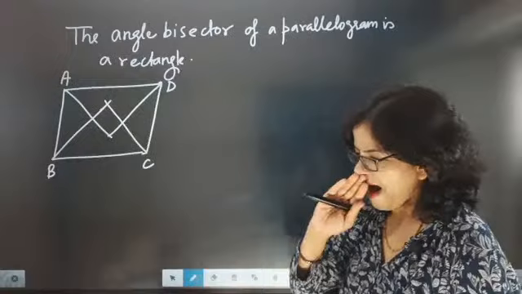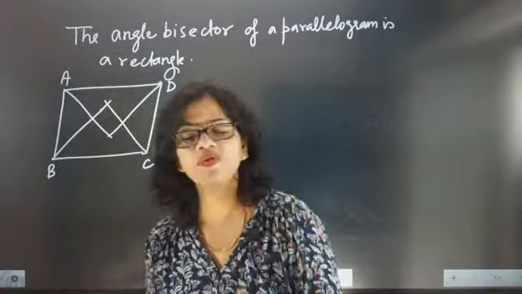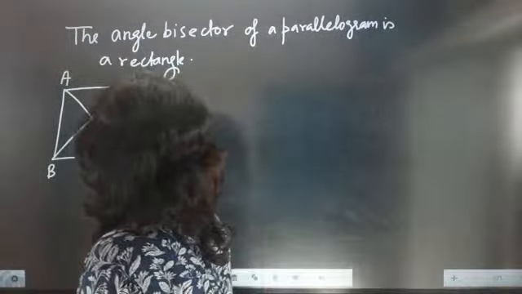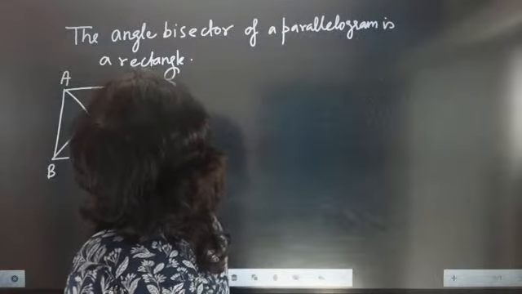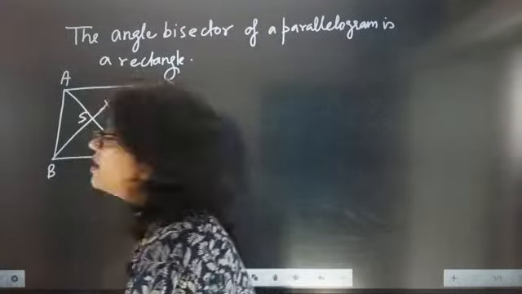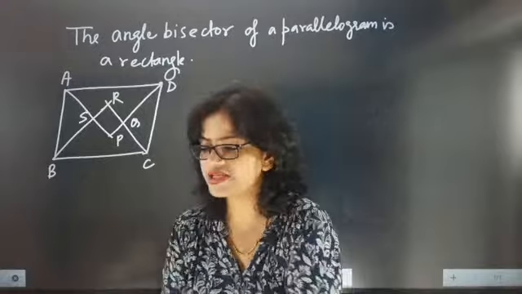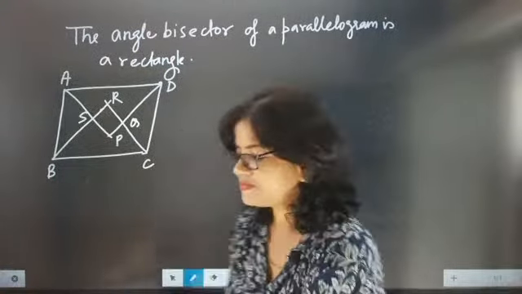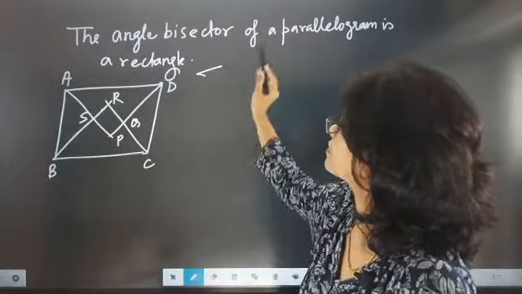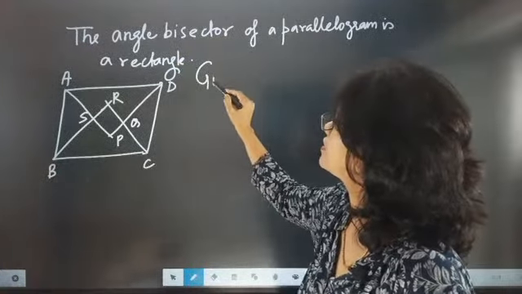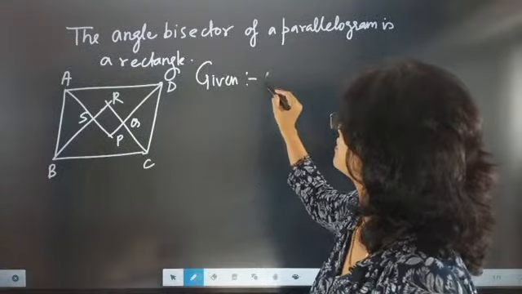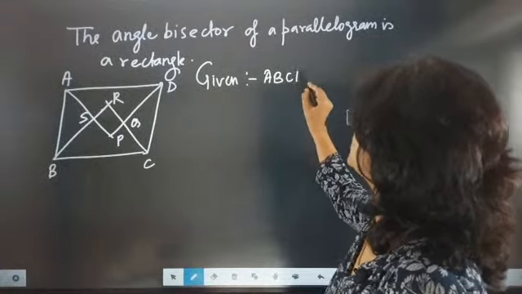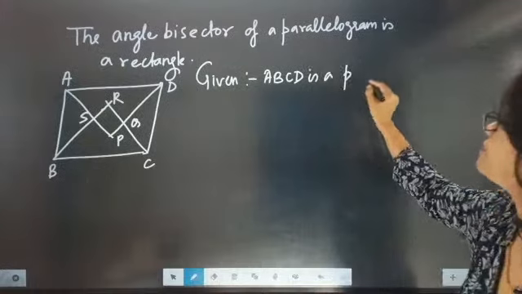Fine. So after joining it, one small work we are going to do, we are going to generate a connectivity PQRS. PQRS done. So now given section: ABCD is a parallelogram.